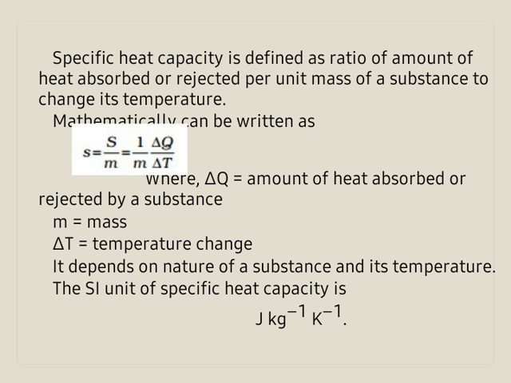It depends on the nature of a substance and its temperature. The SI unit of specific heat capacity is joule per kilogram per Kelvin.